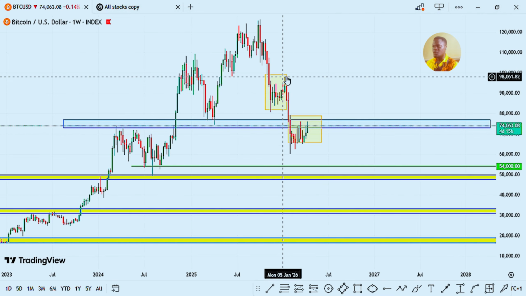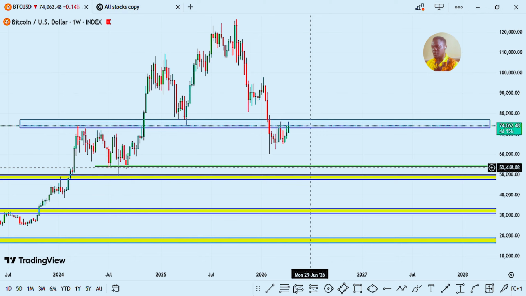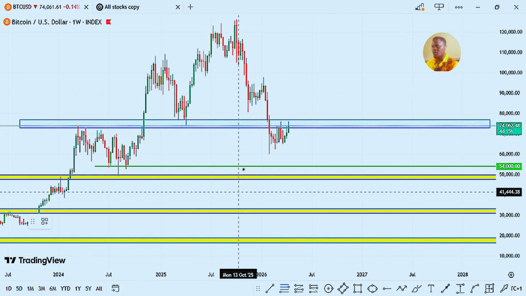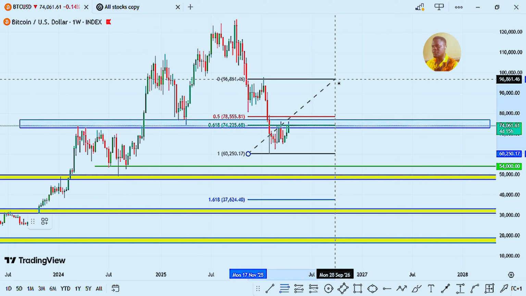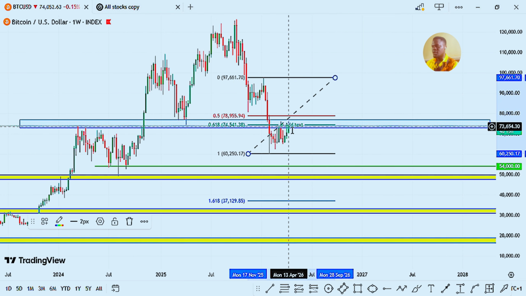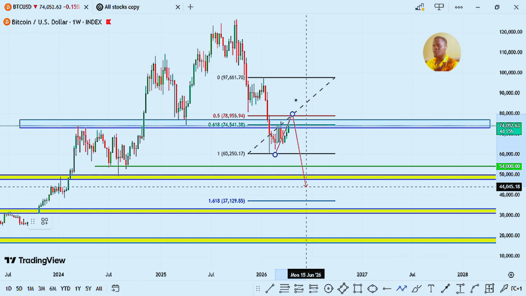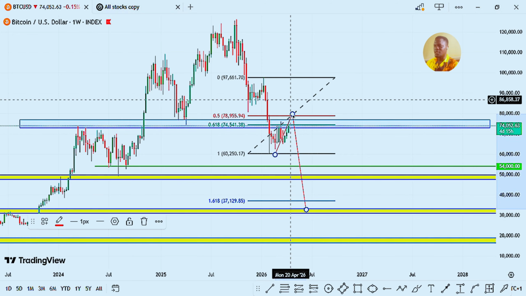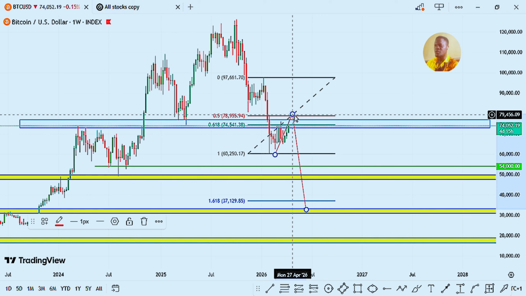What I'm waiting for Bitcoin to do is to trade below and test this 50 Fib, because right now it's testing the 61 Fib. I want to see if we can come and clear our stop losses at this 50 Fib retracement level before I start looking for opportunity.